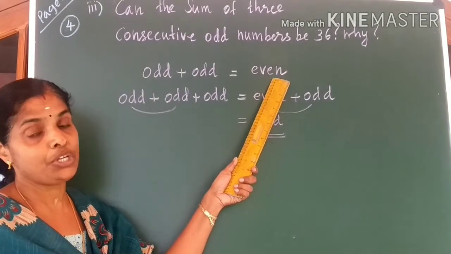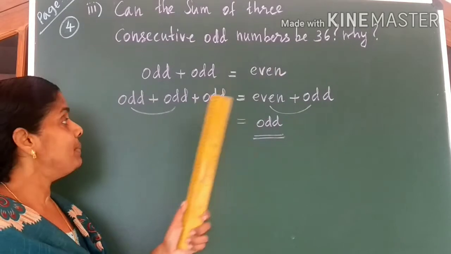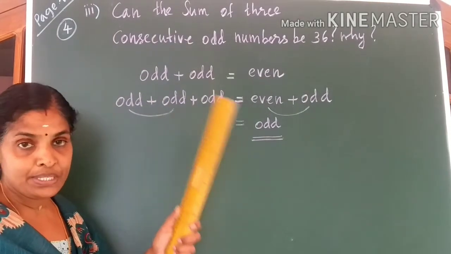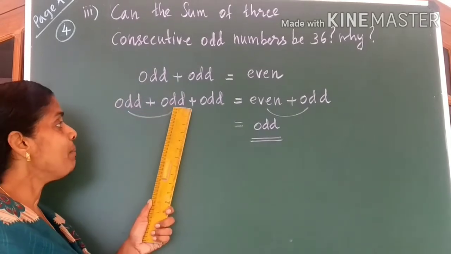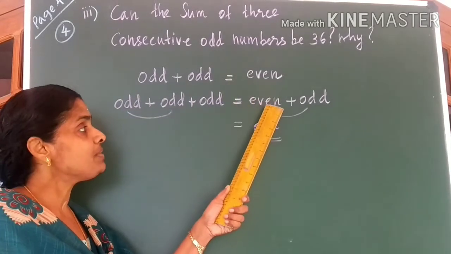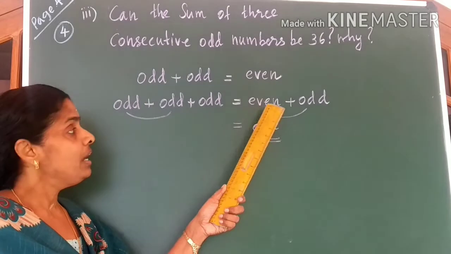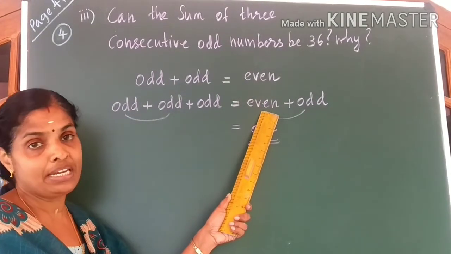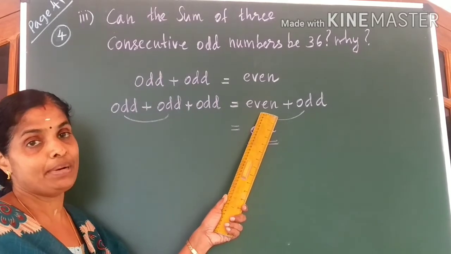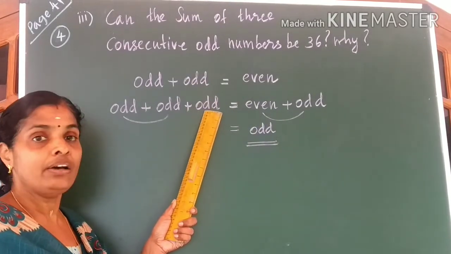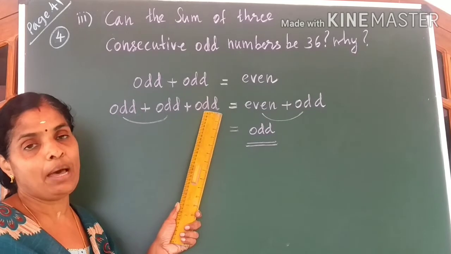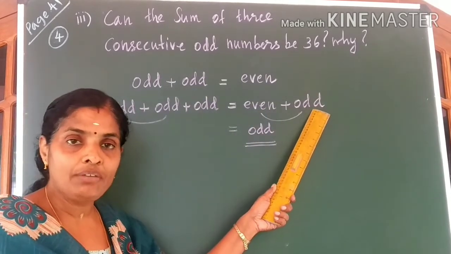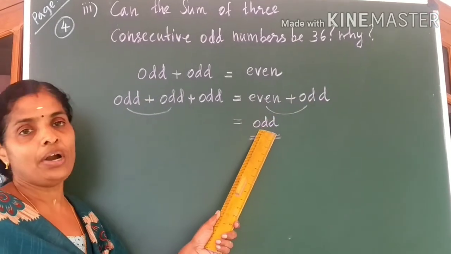Now they have asked you to add 3 odd numbers. So odd plus odd plus odd. Now just now we saw odd number plus odd number gives you an even number. So by adding these two, I am getting an even number. To this even number, I am going to add an odd number. What happens then? Even number plus odd number will always give you an odd number.